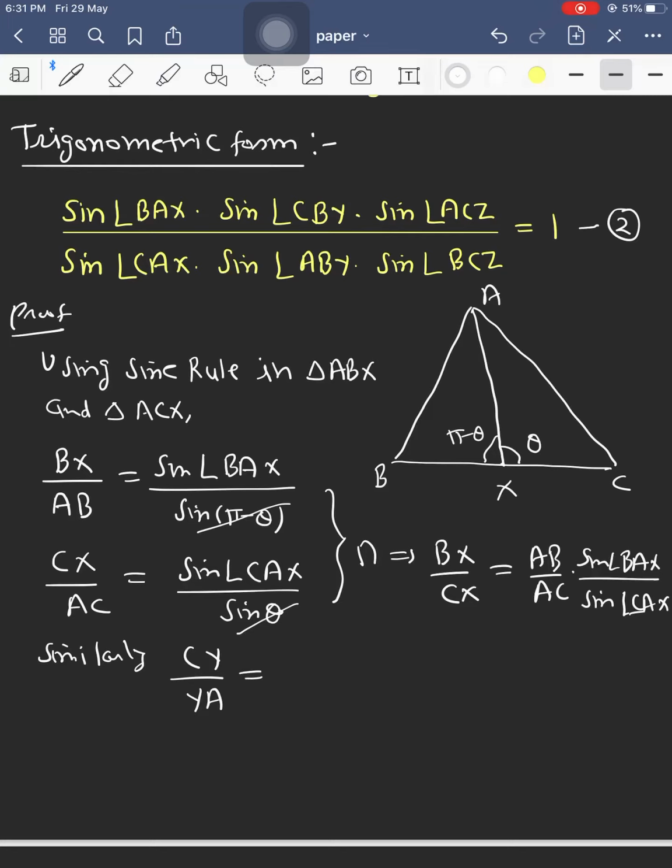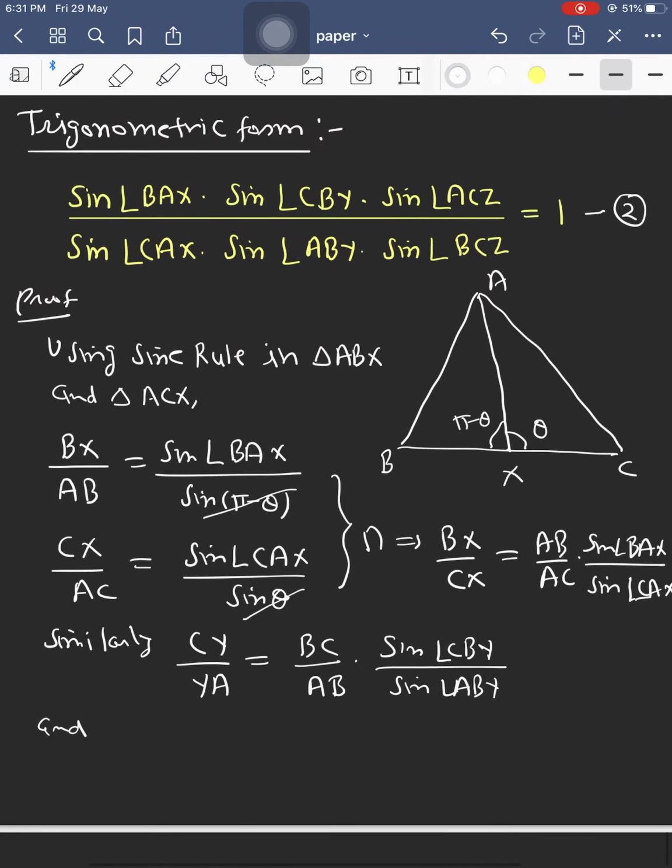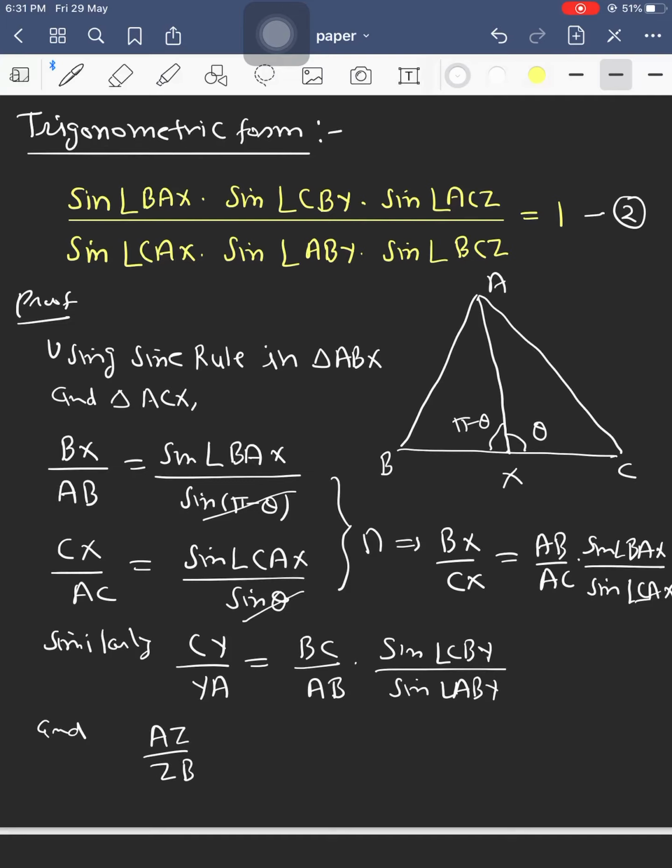If we work on CY by YA, then we get BC upon AB into sine angle CBY upon sine angle ABY, and the last ratio AZ by ZB equals AC upon BC into sine angle ACZ upon sine angle BCZ.